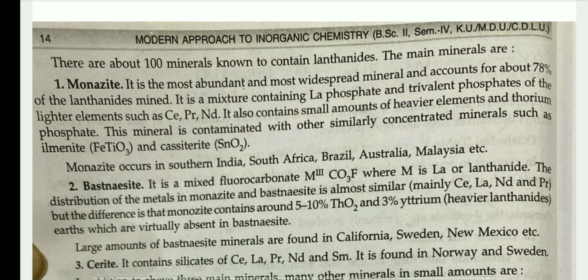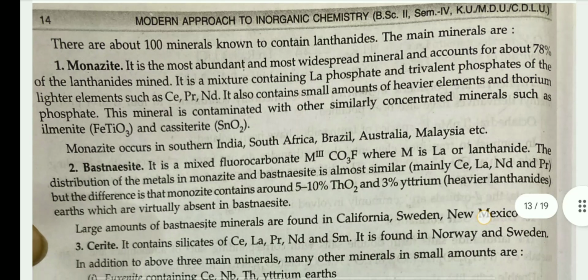It also contains small amounts of heavier elements and thorium phosphate. This mineral is contaminated with other similarly concentrated minerals such as ilmenite, FeTiO3, and cassiterite, SnO2. Monazite occurs in southern India, South Africa, Brazil, Australia, Malaysia, etc.